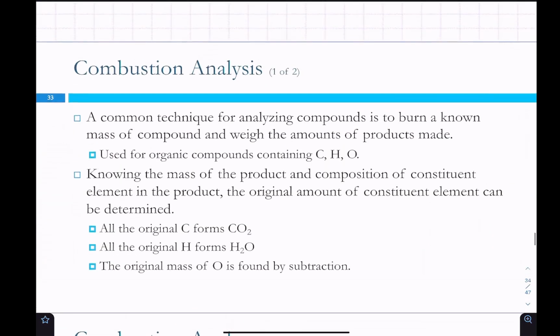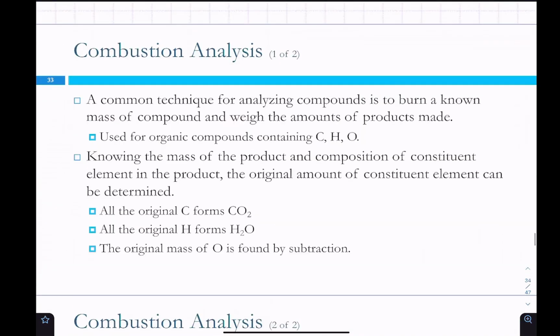Okay. So that's kind of the background for all of how to do it. One way that's actually done in the real world for compounds that only contain carbon, hydrogen, and oxygen at least, is combustion analysis. So you burn a known mass of a compound inside of a sealed chamber, and then you collect all of the carbon and all of the hydrogen, but you collect them as CO2 and H2O.